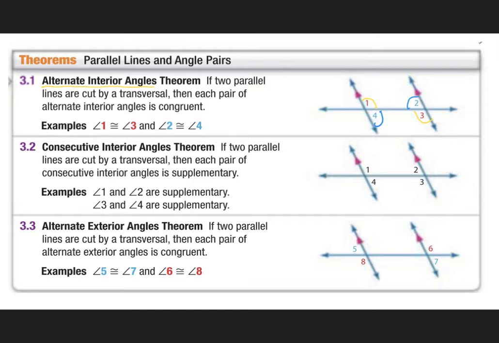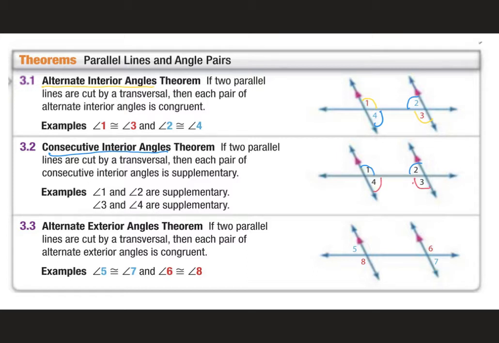We also have consecutive interior, and I like to think about it like same side interior. So same side of the transversal, interior meaning inside the parallel lines. So 1 and 2 are same side interior because they're on the same side of the transversal inside the parallel lines. And then angle 4 and 3 are same side interior.